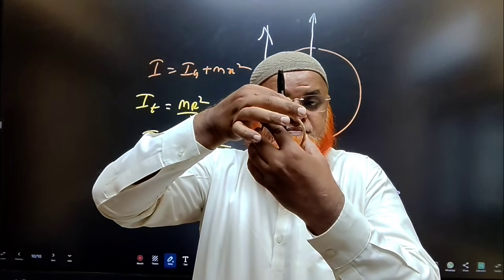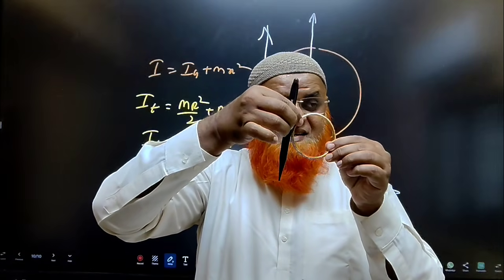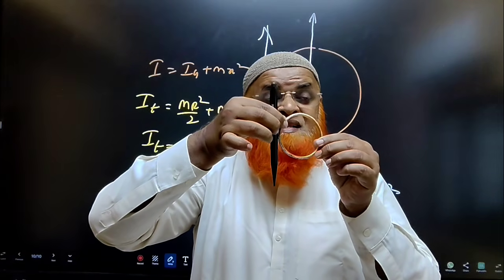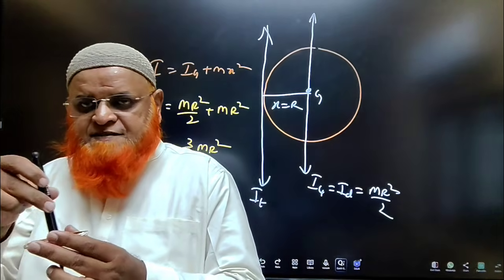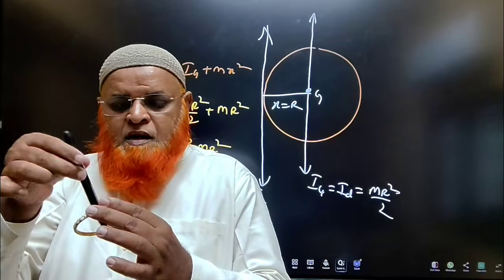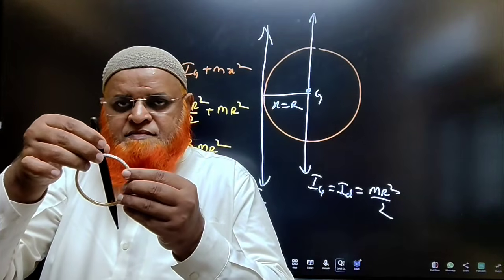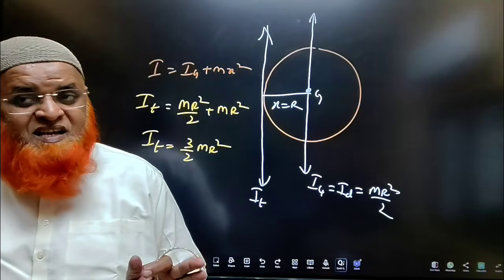With this, mr square by 2. With this, 3 by 2 mr square. Once again, what is this? mr square. What is this? Okay, you are perfect in a circle now.